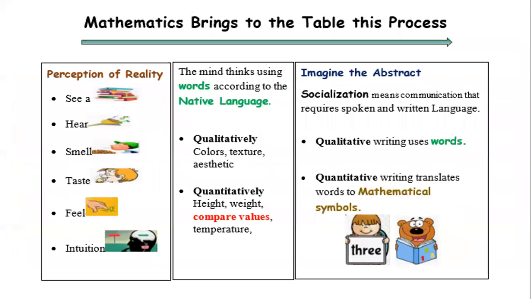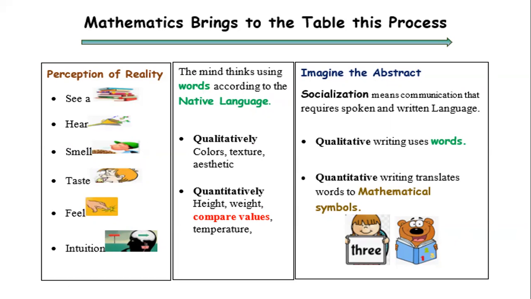So mathematics brings to the table this process. First, you have the real. You see objects, you hear songs, you smell different odors, you taste different foods and so forth. You feel pressure on your skin, and you have intuition. So that is what is happening in the real. Then the mind thinks using words according to your native language.